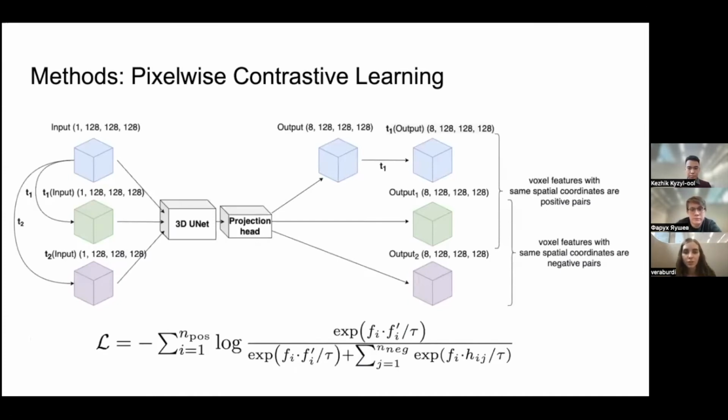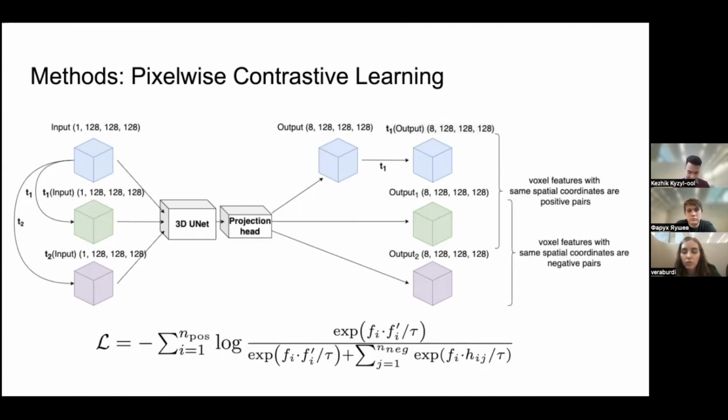Let's look at pixel-wise contrastive learning. Since we are solving a segmentation task, which is pixel-wise classification, it would be interesting to get pixel-wise embeddings, not an embedding for the whole image. How does it work? Imagine we have an input, and we apply to this input two different transforms, T1 and T2. Then we pass it through a 3D UNet with a projection head and get three outputs: output, output 1, and output 2. Then we apply transform T1 to the output, which is the result of applying our model to the input.